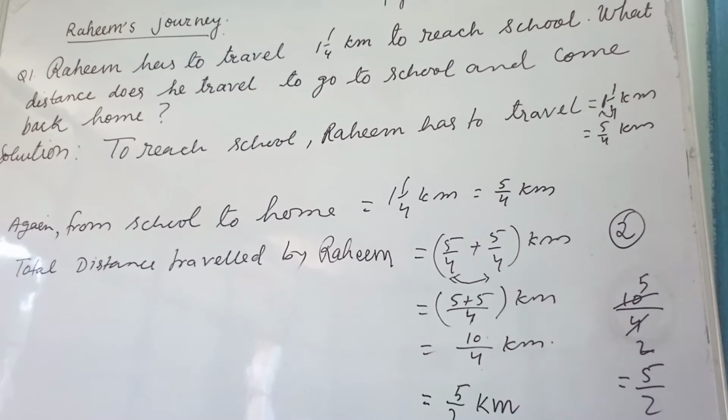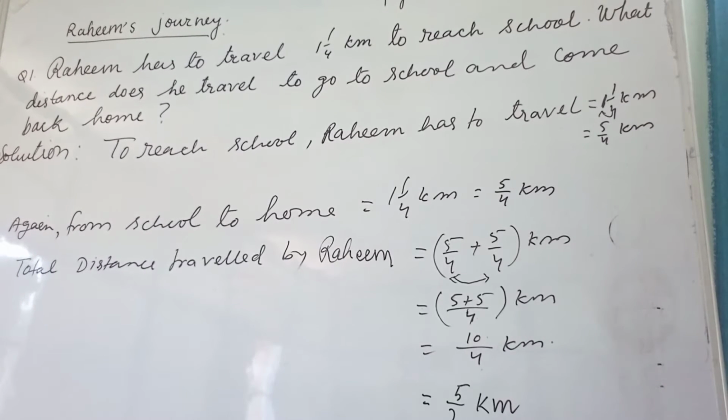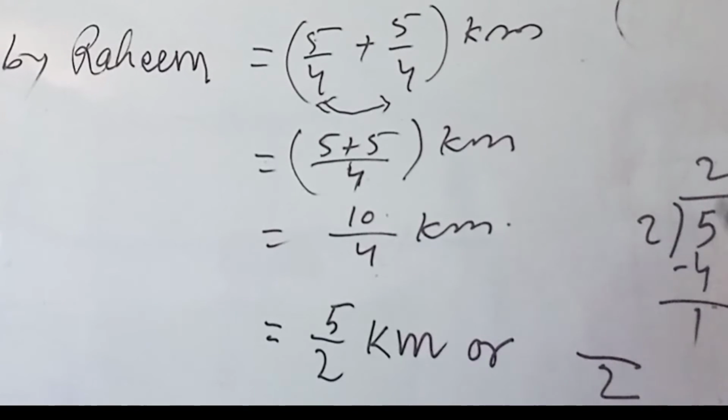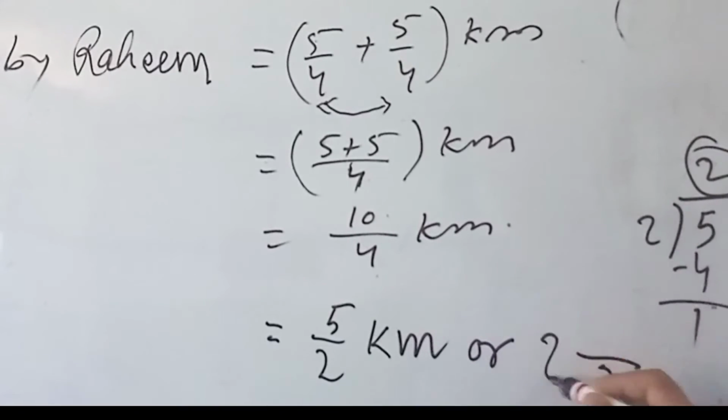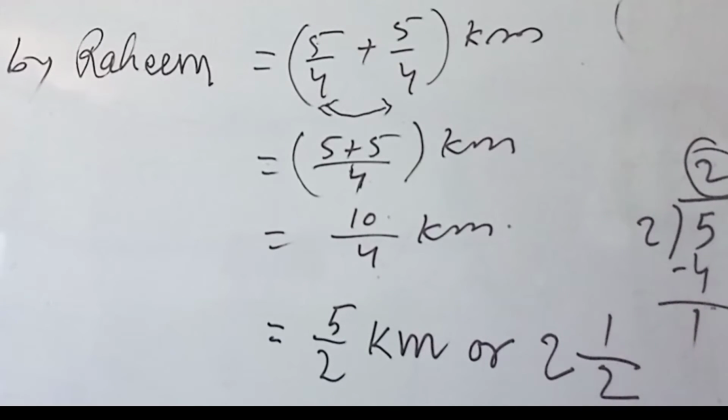Or further, this 5/2, divide: 2 twos are 4 and the remainder is 1. So you write down 2 here, and this remainder will be written here.